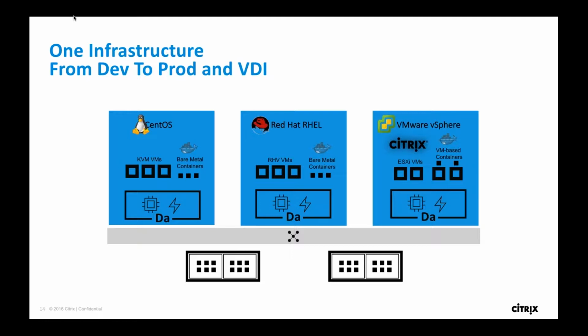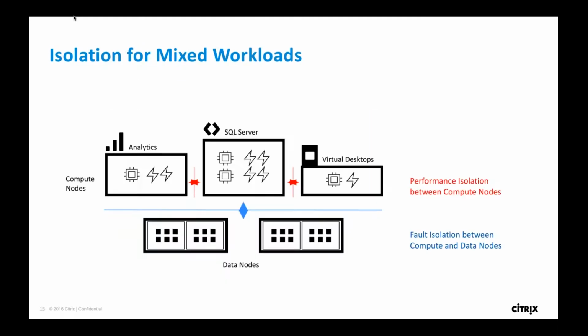All those different hypervisors and all those different solutions can coexist in the same Datrium environment. And the way we do that is we provide complete host isolation between compute nodes. So there's no write between compute nodes. All the reads are local, so that makes it easier to provision and also more predictable service levels.